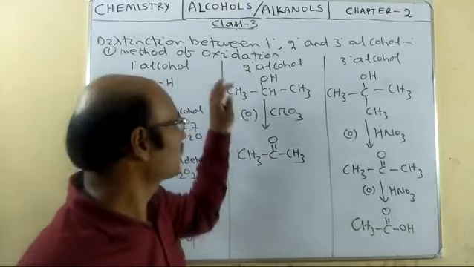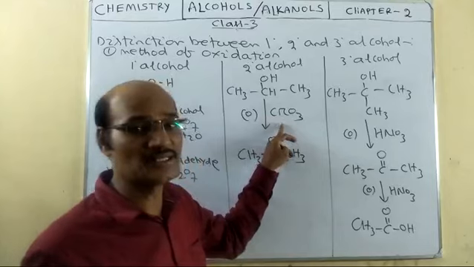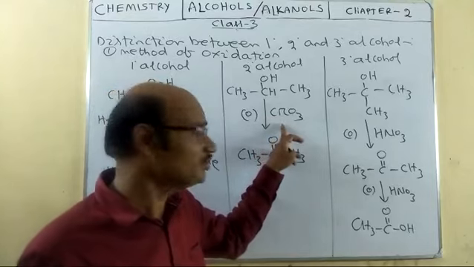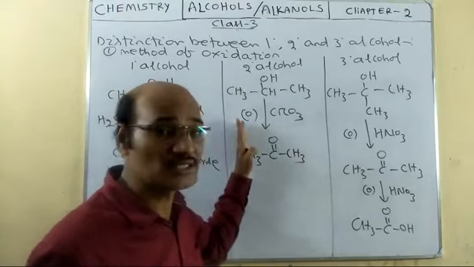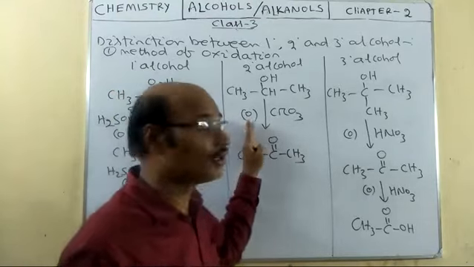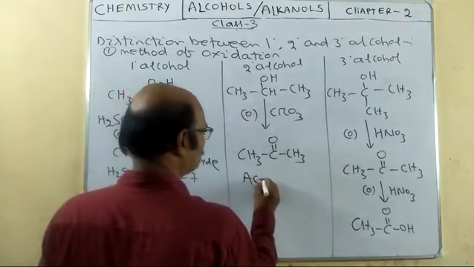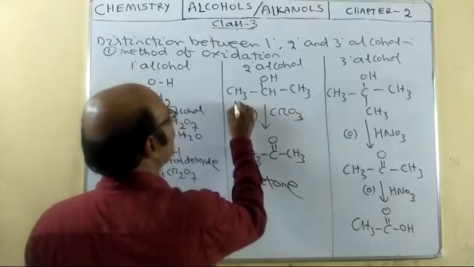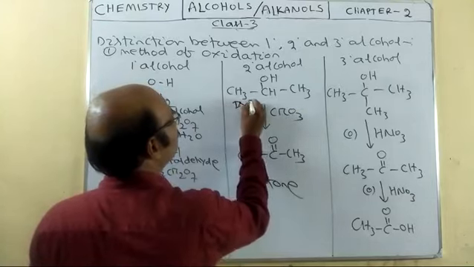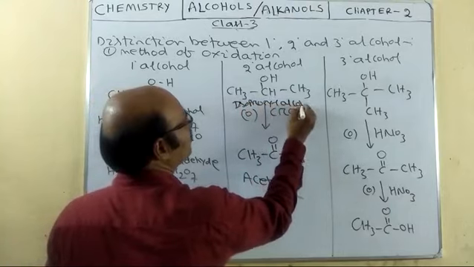So here the secondary alcohol on reaction with chromic anhydride CrO3 undergoes oxidation to give ketone only. So this distinguishes secondary alcohol from the primary alcohol. This is your acetone, and this is your isopropyl alcohol.